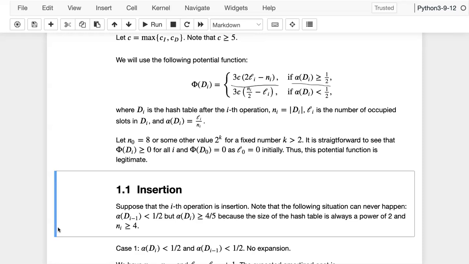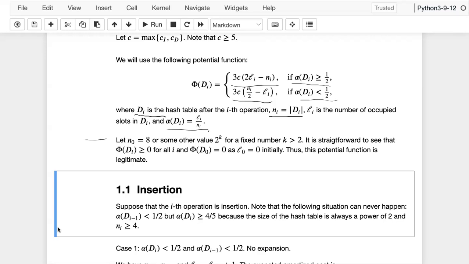And if the load factor is less than 1/2, then it is equal to 3 times C times (n sub i over 2 minus L sub i). And here, D sub i is the hash table after the i-th operation, n sub i is the size of the current hash table, and L sub i is the number of occupied slots in D sub i. And the load factor alpha of D sub i is equal to L sub i over n sub i.